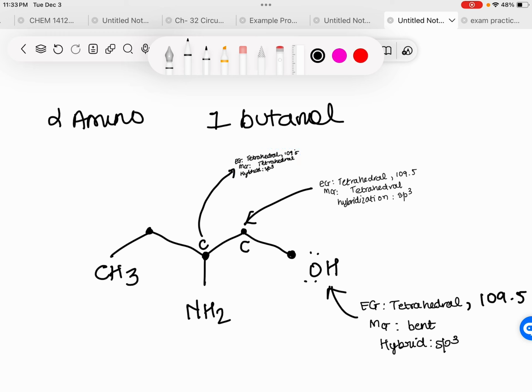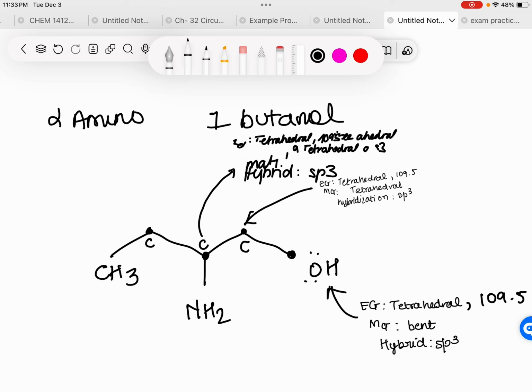The carbon here again has the same electron geometry. It's tetrahedral, 109.5. Molecular geometry tetrahedral, and hybridization is sp3.